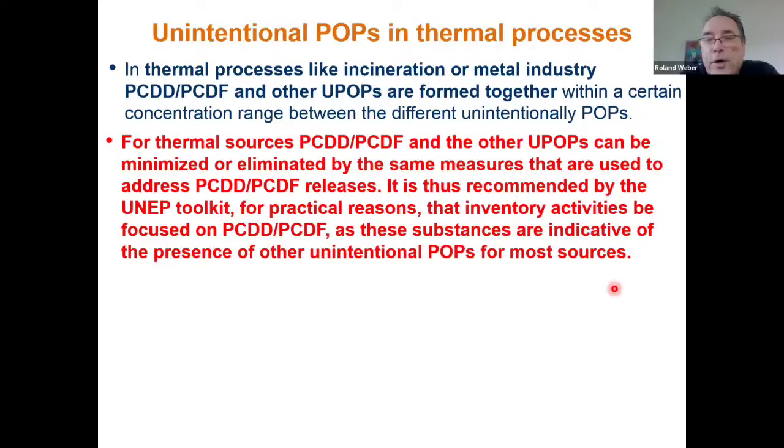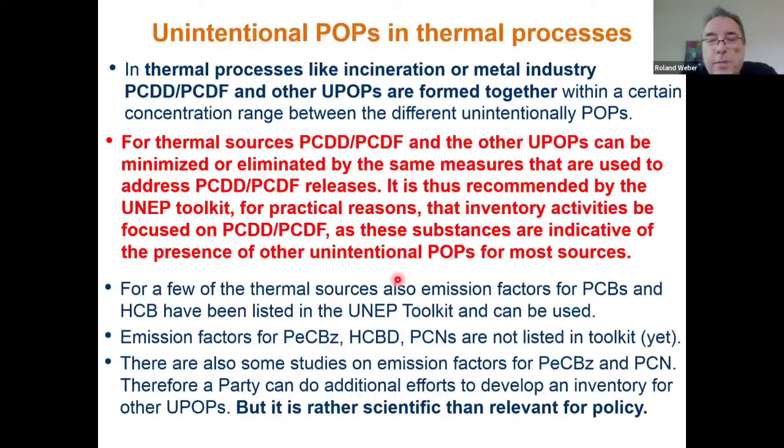Therefore, it's recommended by the UNEP Toolkit, which gives you guidance for the inventory of dioxins, that for practical reasons, normally our inventory will only focus on dioxins. And so the dioxins are then indicative for the presence of all other unintentional POPs, so that it does not become too complicated for countries to calculate all other unintentional POPs.